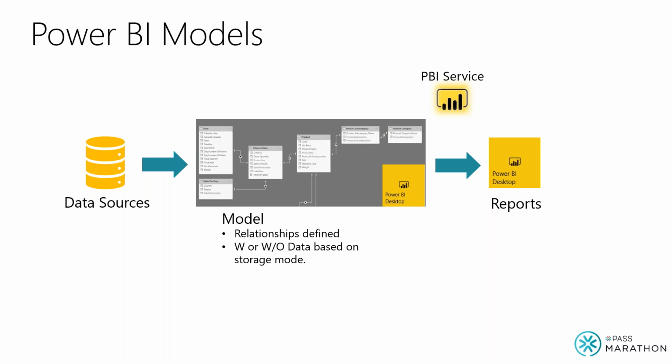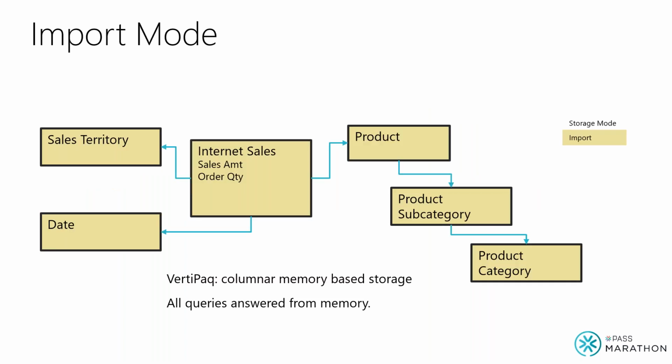So back to the model, there are two ways that you can deal with data, right? One is called import. In import mode, a copy of your data from your source system gets to your model.